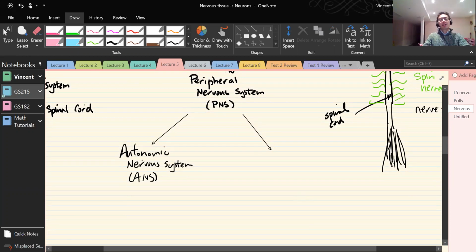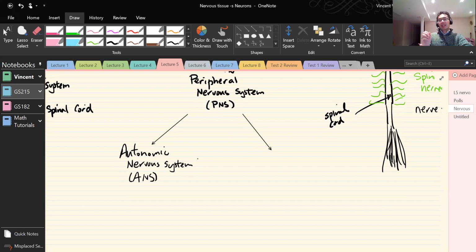So for our purpose, the autonomic nervous system is the branch of the PNS that is responsible for everything that's automatic within the body. Okay, so what's automatic within the body? Regulation of your heart rate, right?